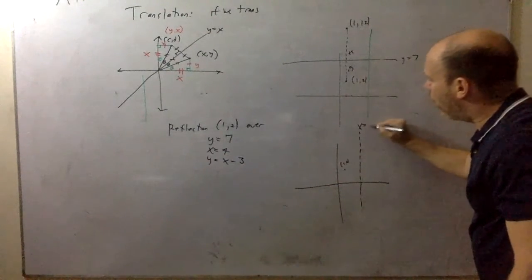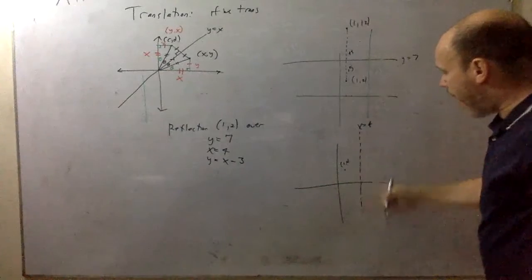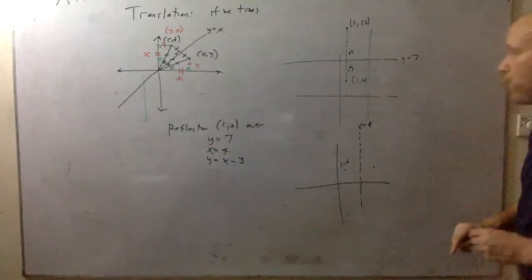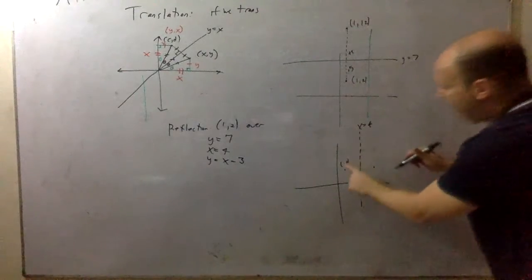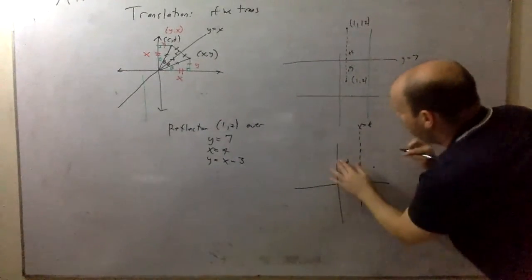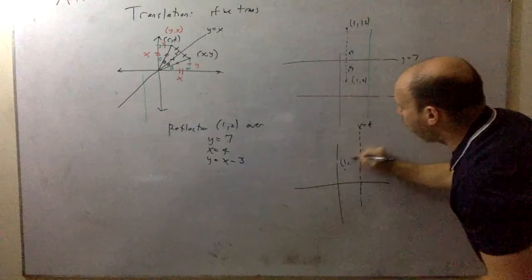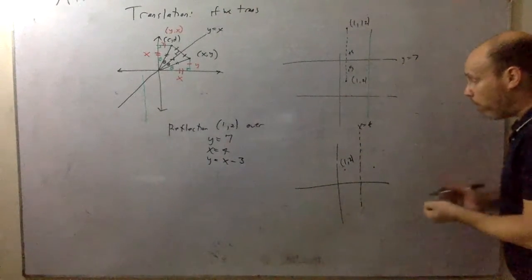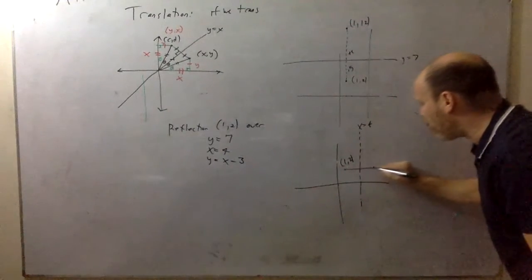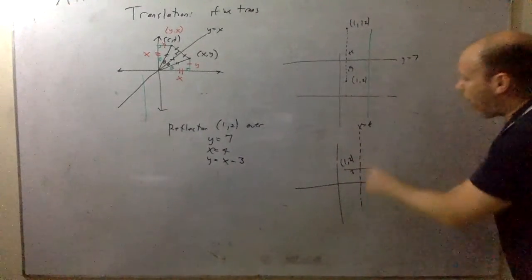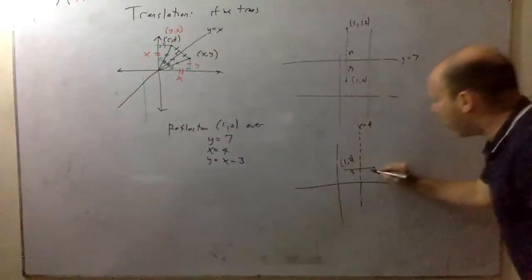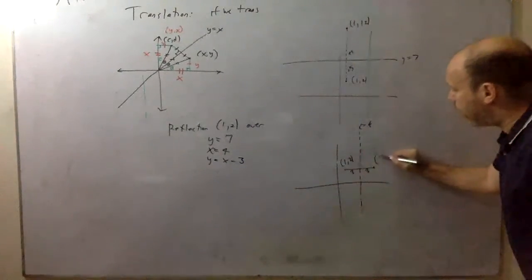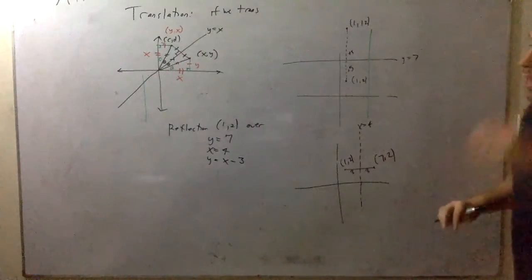Here's the mirror, and it's the perpendicular bisector of the point and its image. Well, I can see that, once again, the point here is (1, 2). What do you think the image is? Well, I know the image is 3 away from the line x equals 4, so it better be 3 away also on the other side, which means this is (7, 2).